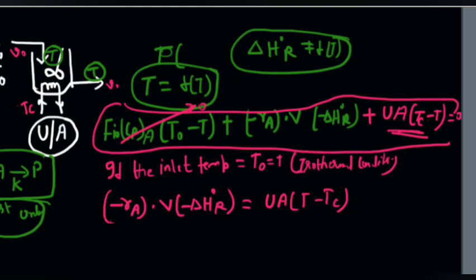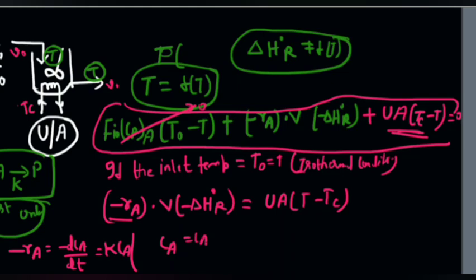How do you do it? The reaction taking place inside the reactor is in a CSTR, so you can write minus Ra equals minus dCA by dt equals K CA. From here you can calculate CA equals CA naught into e to the power minus Kt.